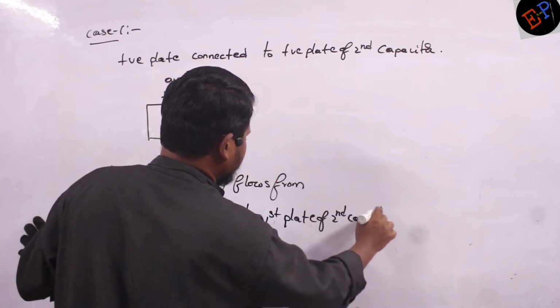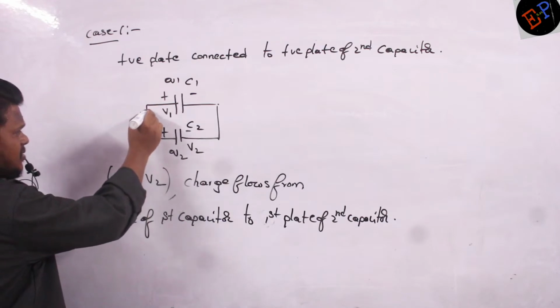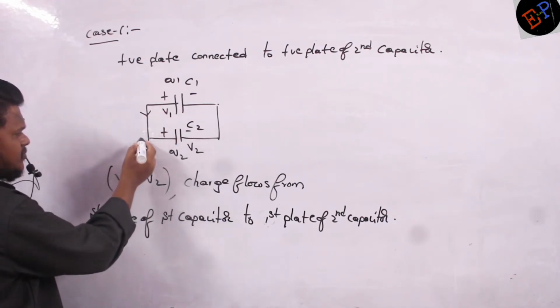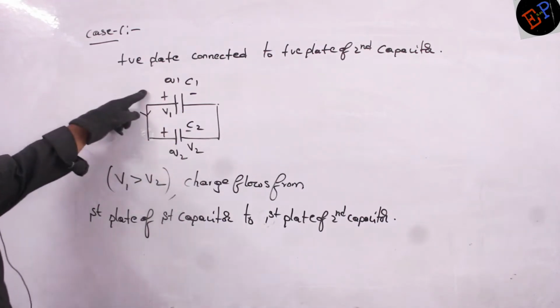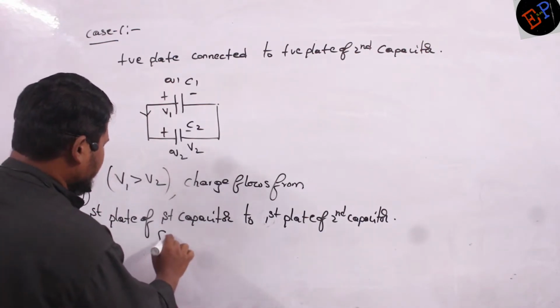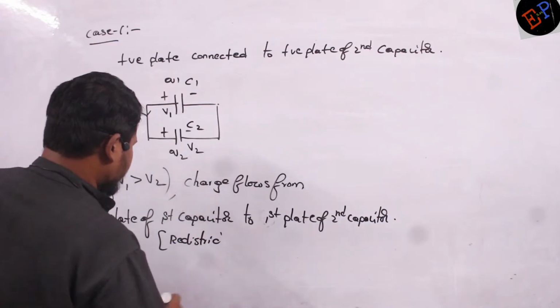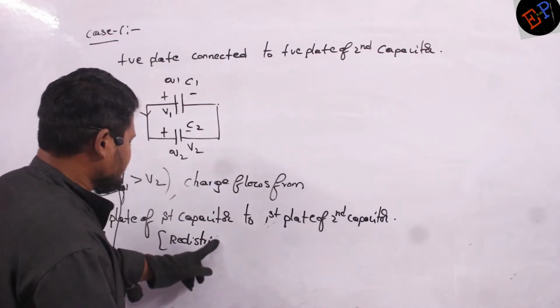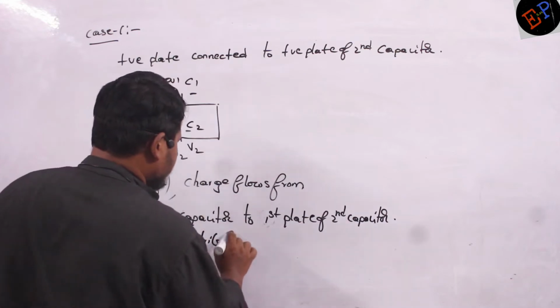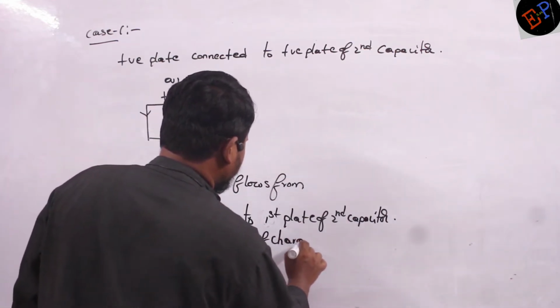So this positive charge starts flowing from the first capacitor to the second capacitor. You can say that redistribution of charges takes place.